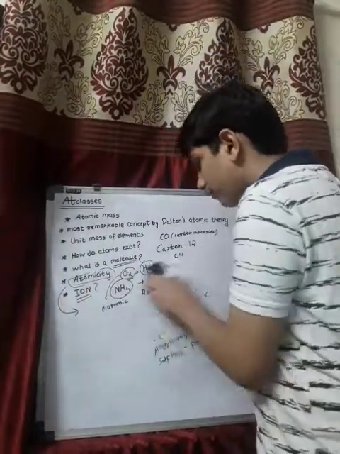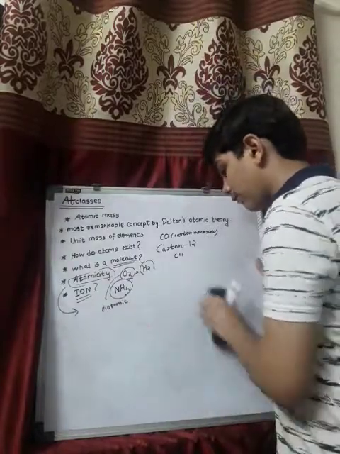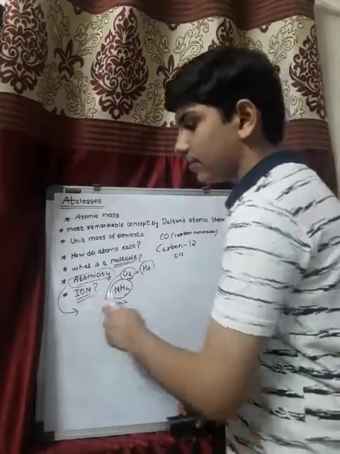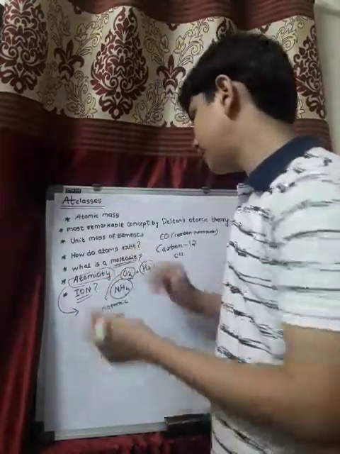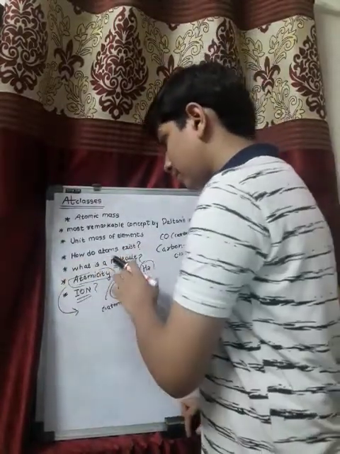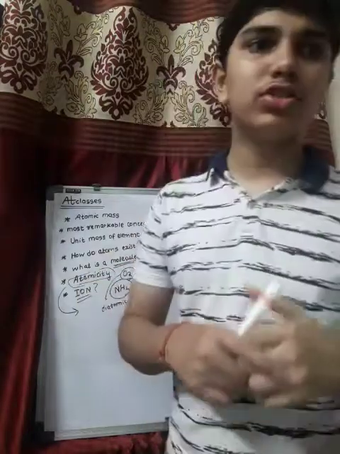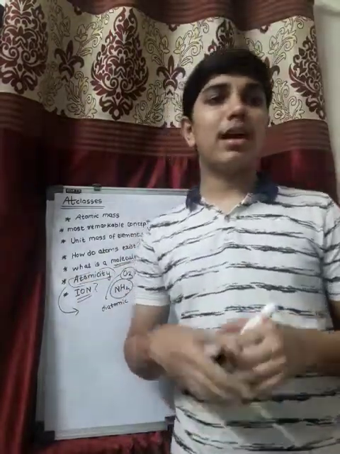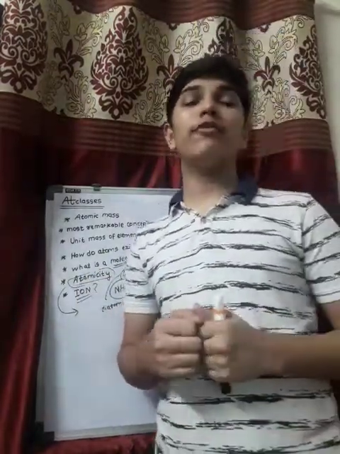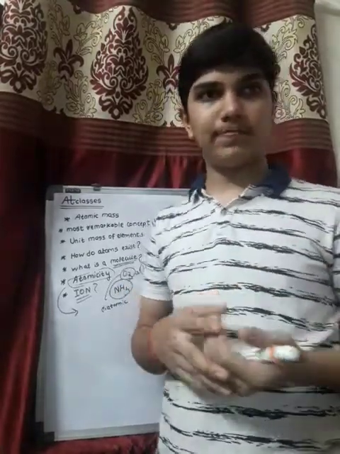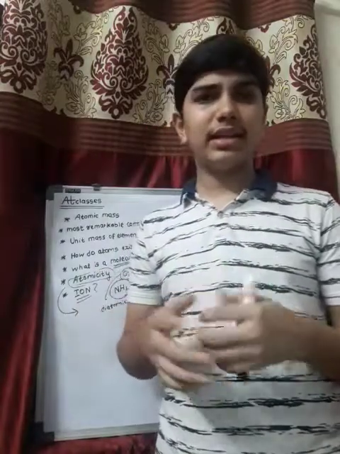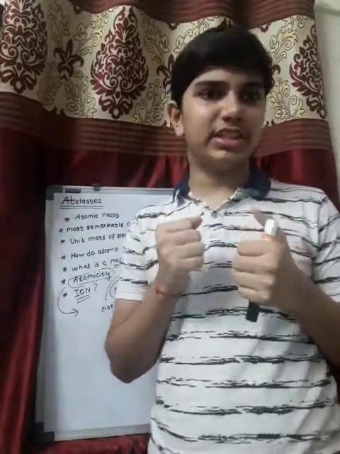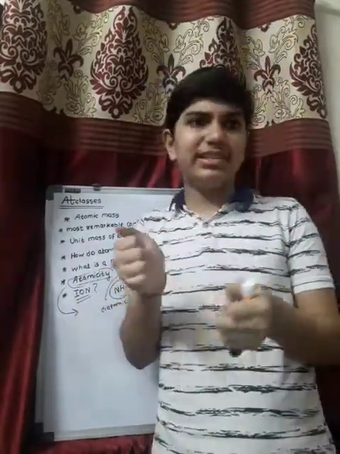Now we will be discussing what an ion is. We saw that atoms exist either by forming a molecule or an ion. So what are these ions? Compounds composed of metals and non-metals contain charged species, means they are chemically charged.